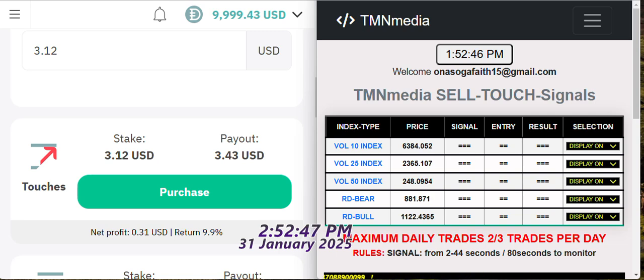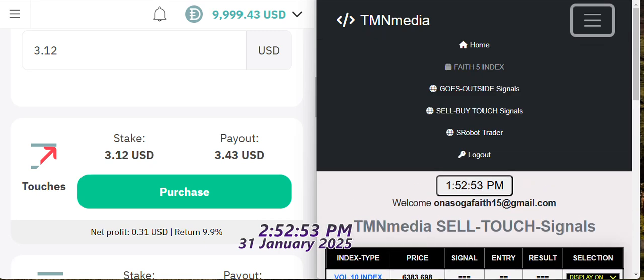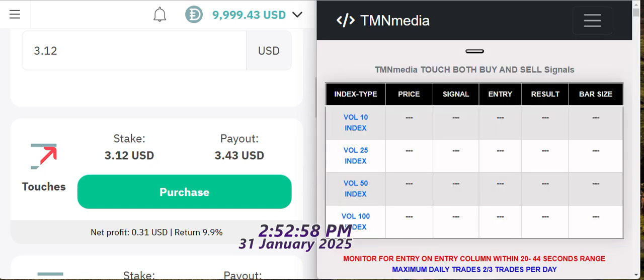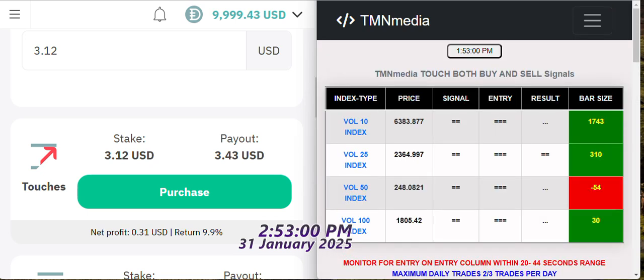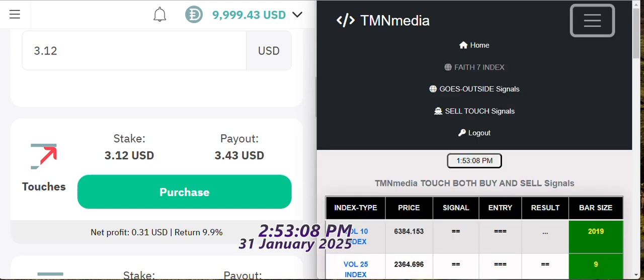This first touch, the signal for this touch is different from the way this one is structured. This one is structured as sell, buy and sell. This one is structured for 5 minutes. It's from a 5-minute setup. They are not the same signal.